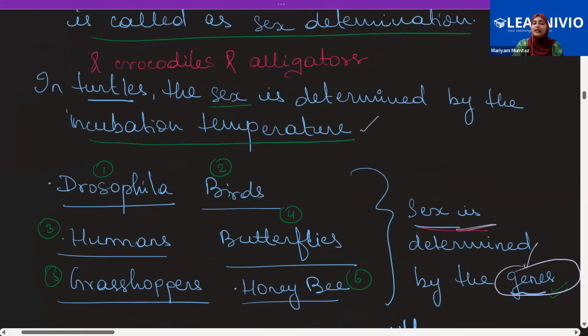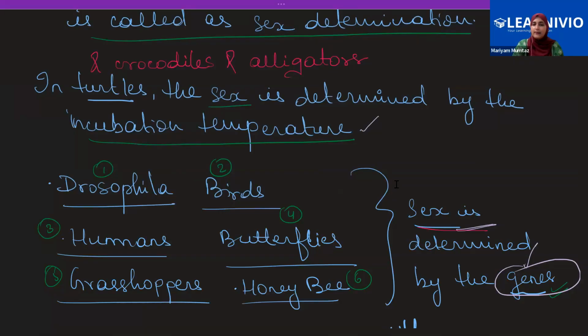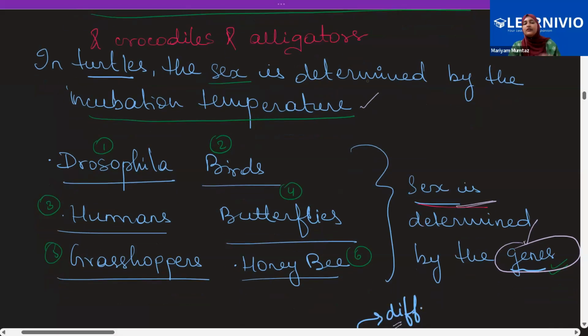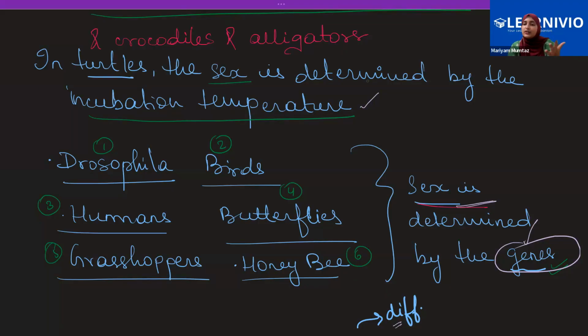For example, in turtles, crocodiles, and alligators, the sex is determined by incubation temperature, meaning depending upon the heat provided during incubation, the sex will be determined. Whereas in Drosophila, birds, butterflies, honeybees, humans, and grasshoppers, the sex is determined by genes. The genes are responsible for determining the sex of these organisms.